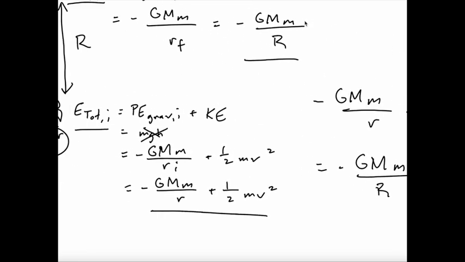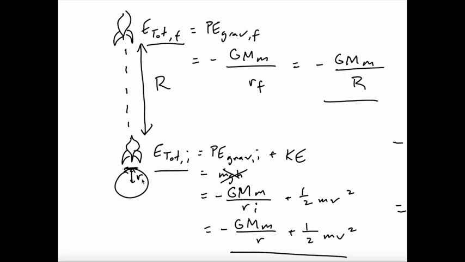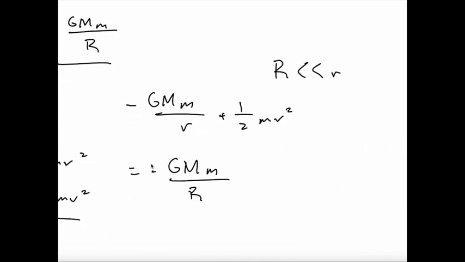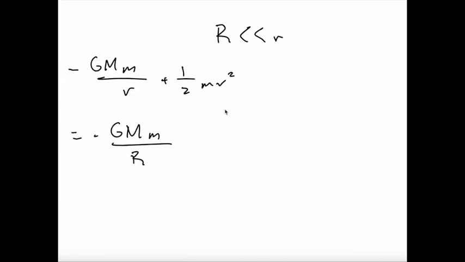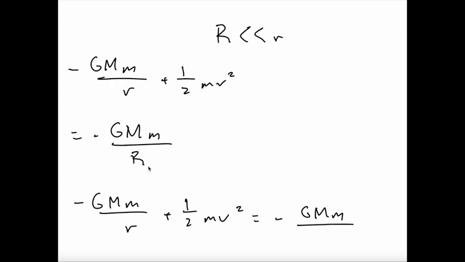Like right here, you can see for yourself the distance the rocket is traveling to is way greater than the radius of the Earth, right? So let's say that R is approximately infinity because of how big the difference is, right?